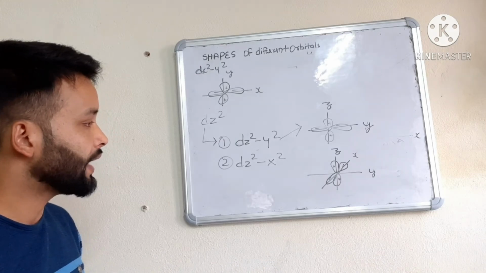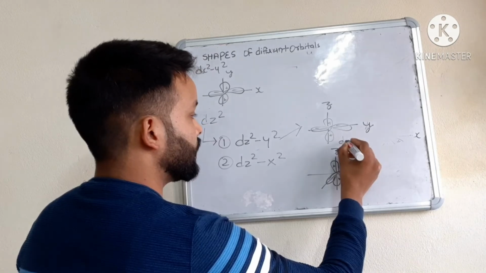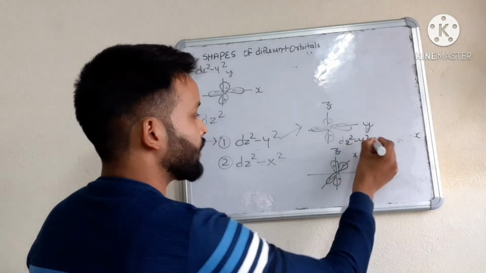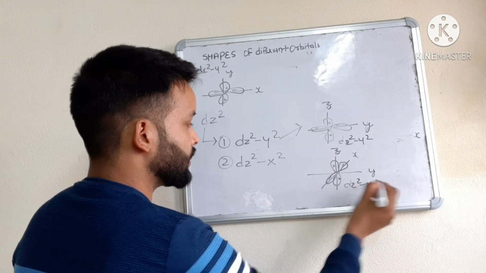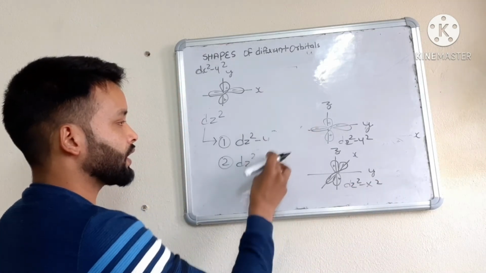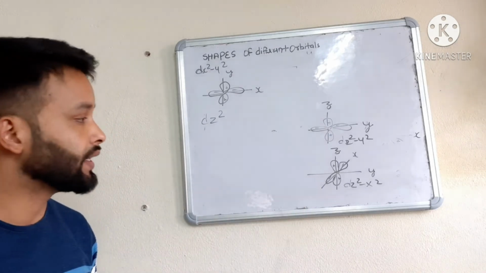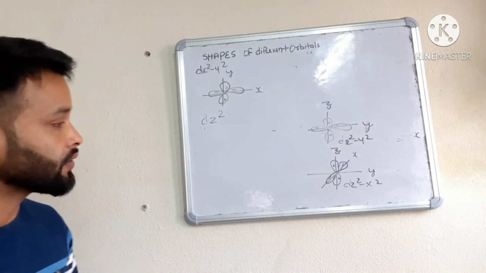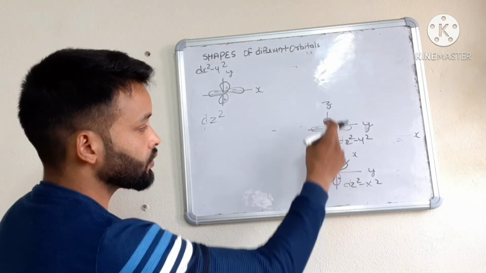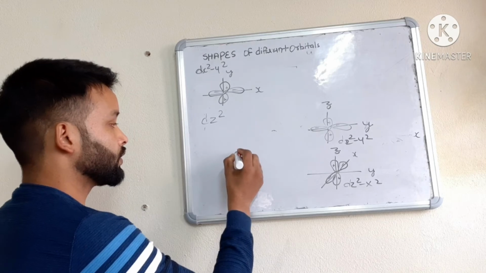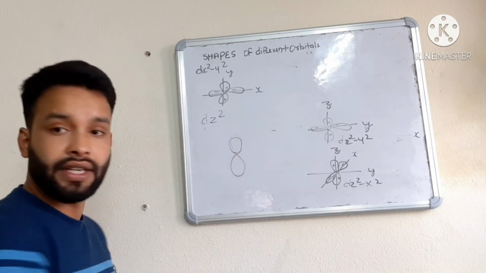Now I'll combine both structures. This is dz square minus y square and this is dz square minus x square. Now see the common thing here: dz square is here also and here also. So dz square is the common orbital.